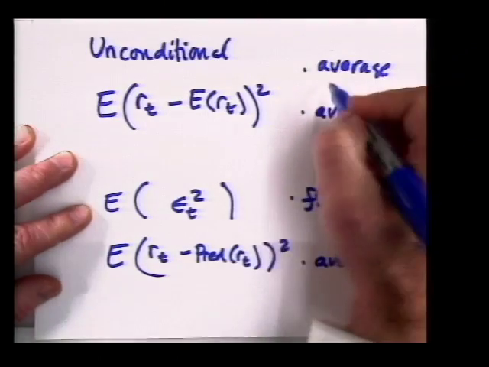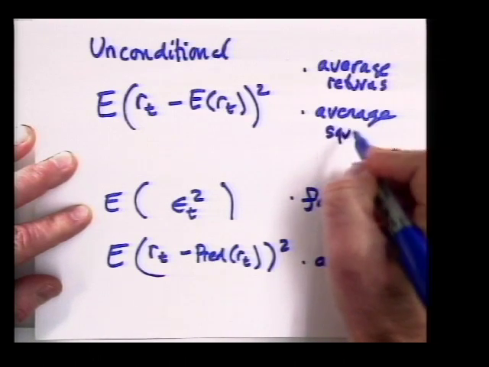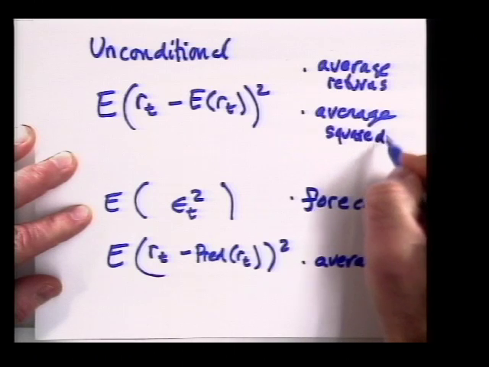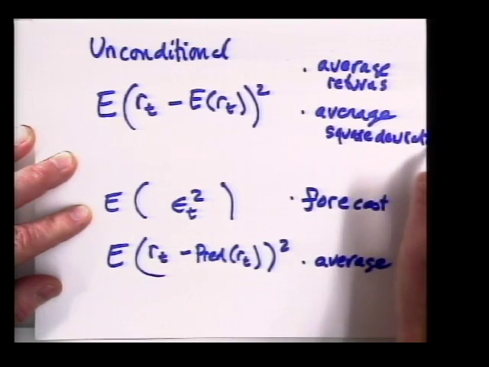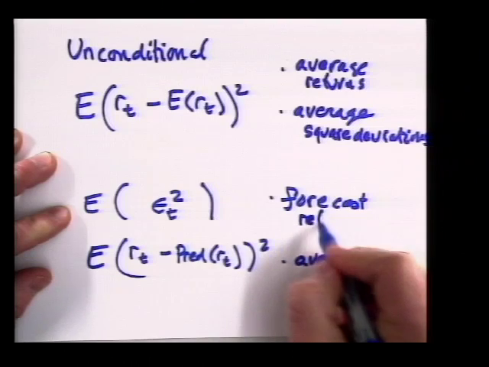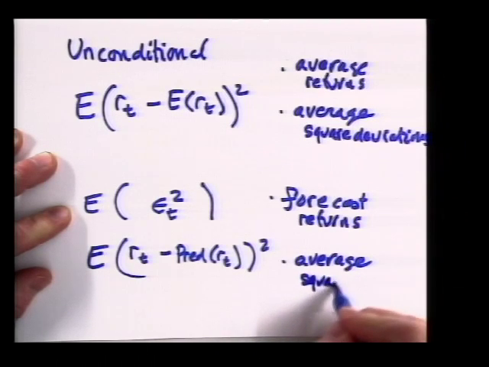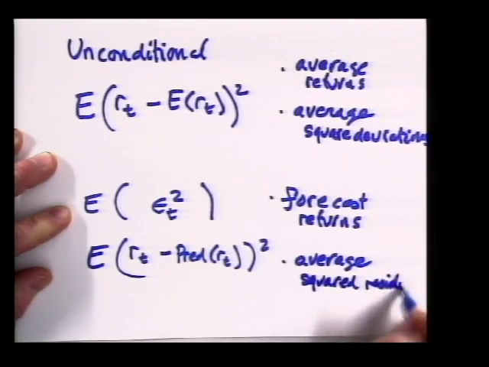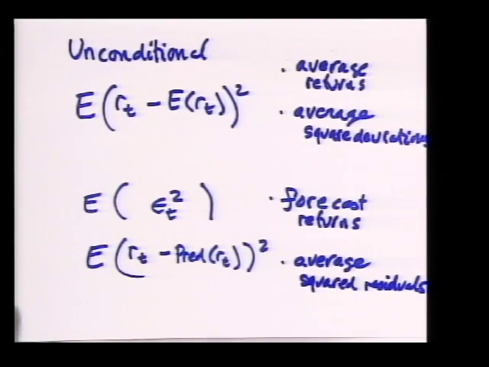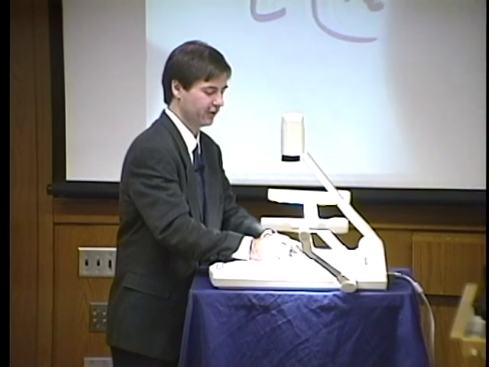So this is average returns here, and then average of the squared deviations. Here we forecast the returns, and then average the squared residuals. Okay? And let's call this unconditional versus conditional.